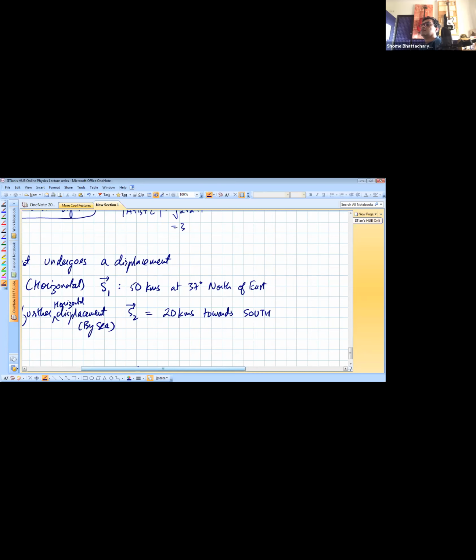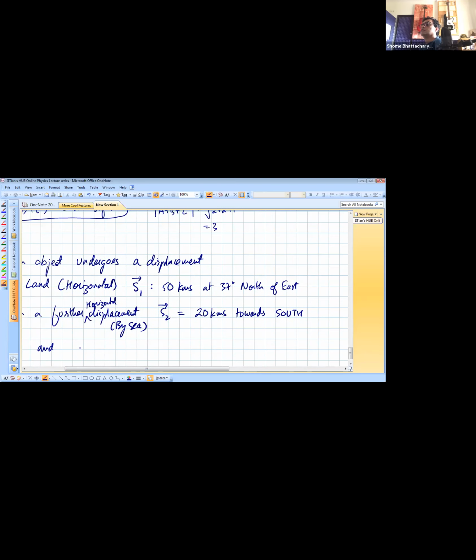And finally, a vertical lift by elevator of S3, that is, let us say, this seems very extraordinary, but okay, so let's say it is 5 kilometers vertically up.